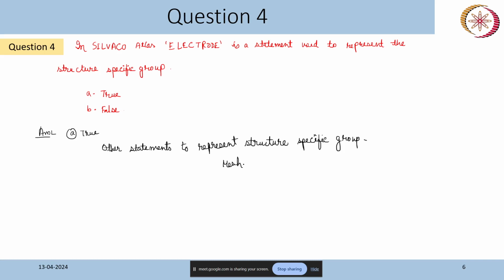There is one statement called mesh, another is electrode, region, doping. Okay, so these are related to the structure specific group. So the commands are divided into different command groups. In the structure group, these are the statements used.